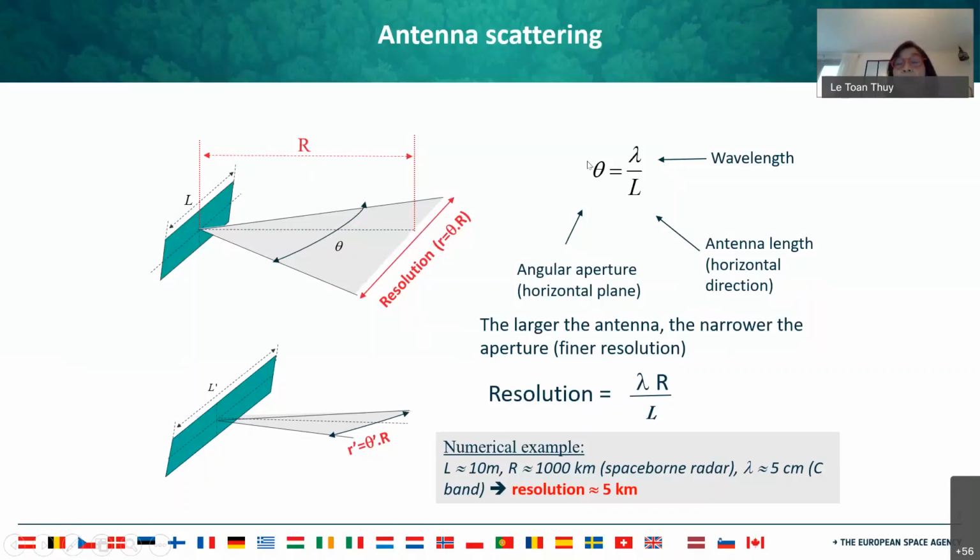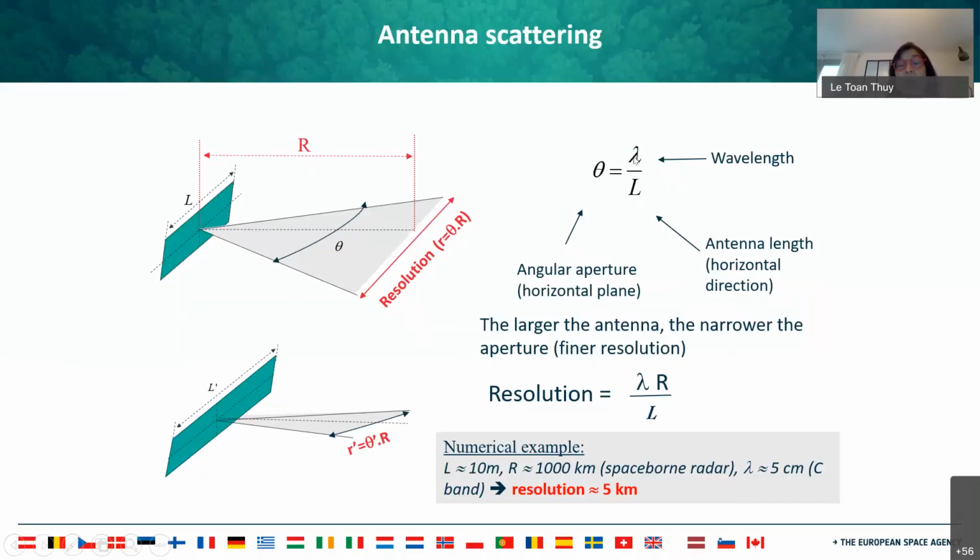So meaning that when the antenna is very long, the angular aperture is small.